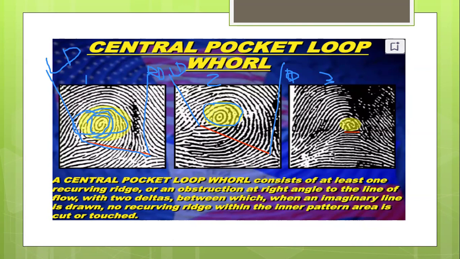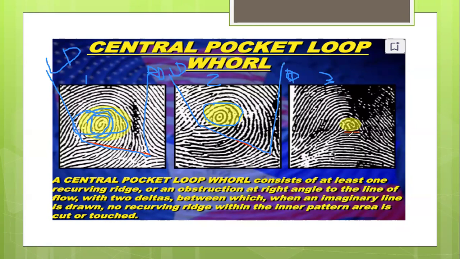Because there is a circuiting ridge inside, it becomes a central pocket loop whorl. When an imaginary line is drawn between the deltas, it touches no recurving ridge within the pattern area of the fingerprint. That is a central pocket loop pattern.